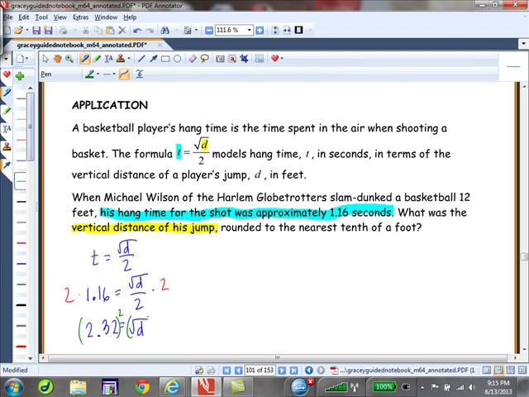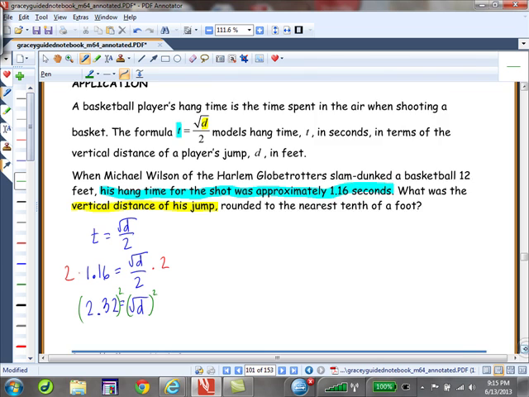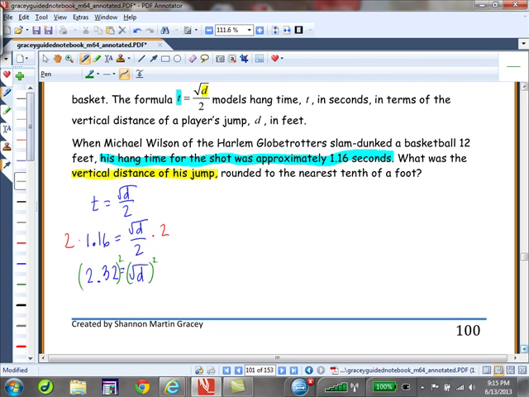Good, I square both sides. So when you square the 2.32, you end up getting 5.3824 equals d. And they said to approximate d, to the nearest tenth of a foot. So that would be 5.4 feet.